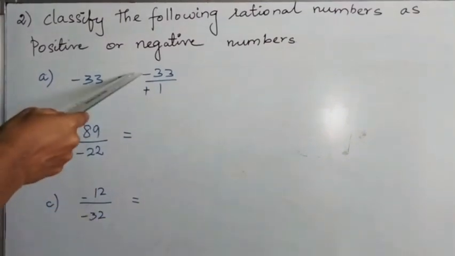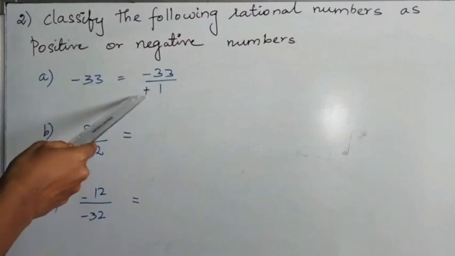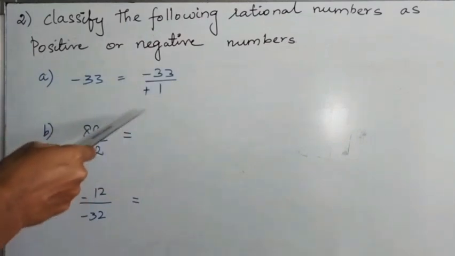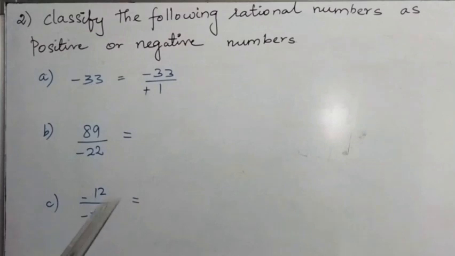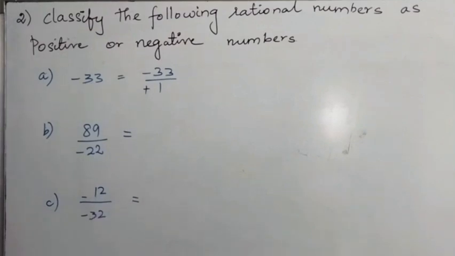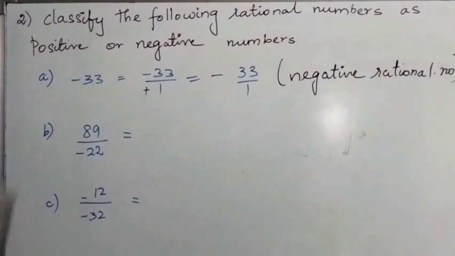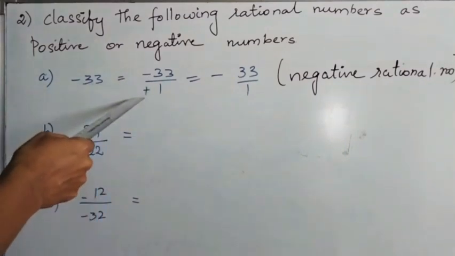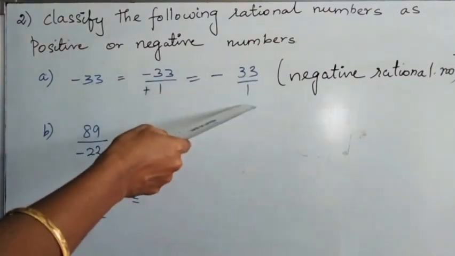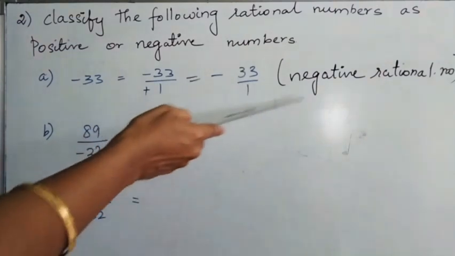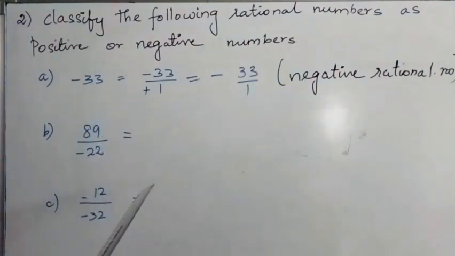And then minus into plus, we get the opposite sign, so the answer is minus. We already studied it in the integer chapter. So minus into plus, minus 33 divided by 1, so it is a negative rational number.